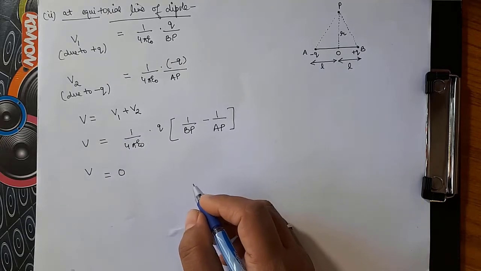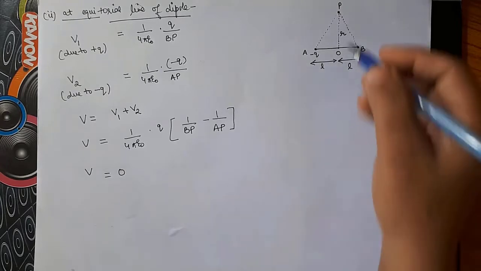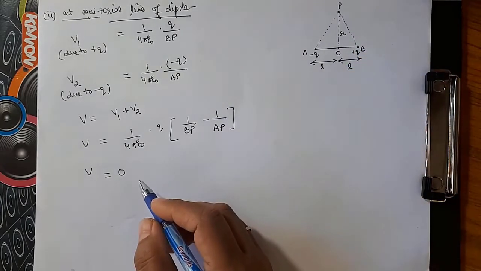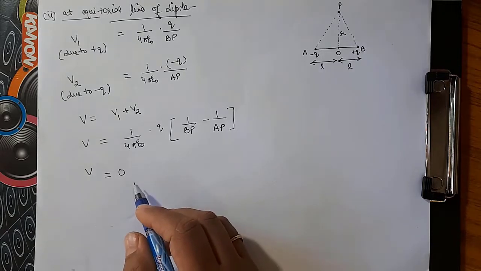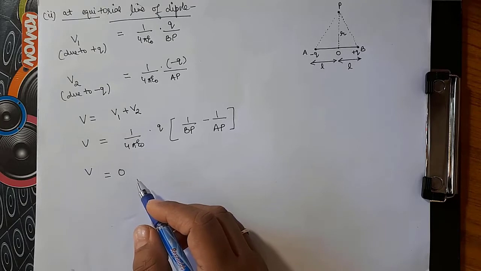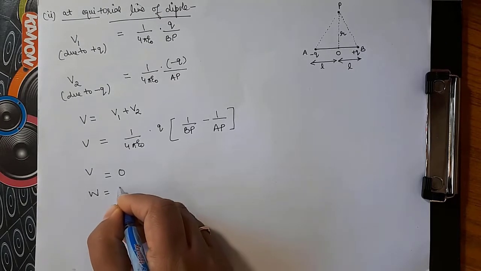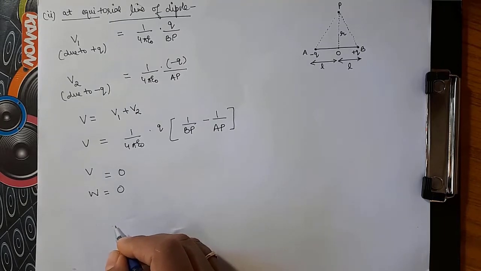See, it shows us that the electric potential is 0 everywhere on the equatorial line of the dipole. Or in other words, no work is done in moving a charge along this line.